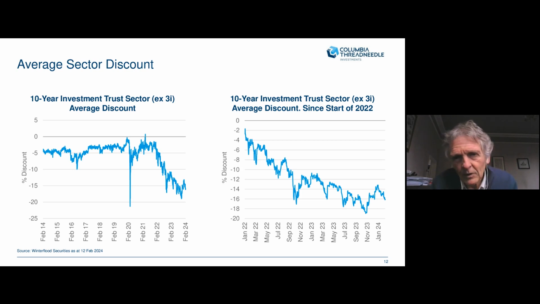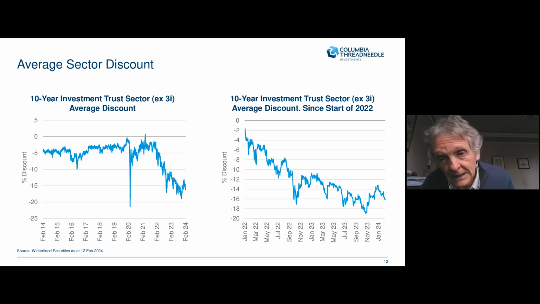However, given what I was saying about what happened in November last year, you can see discounts did actually tighten in quite a bit to about 14 at the end of the year. They're currently 16, and I would characterize that as expectations in financial markets for interest rate cuts became too exaggerated. I think they will happen.